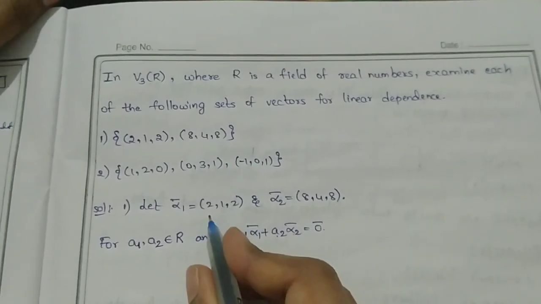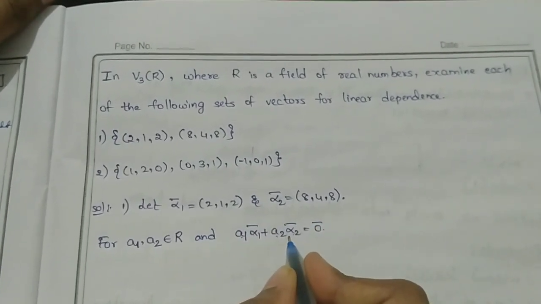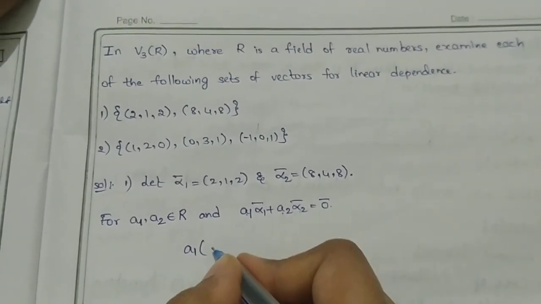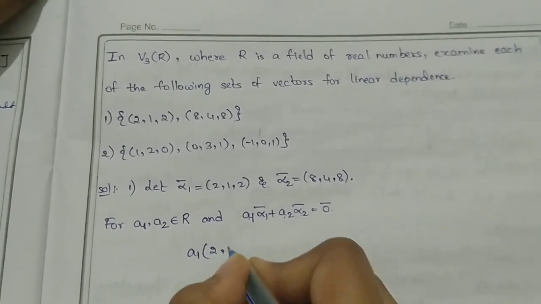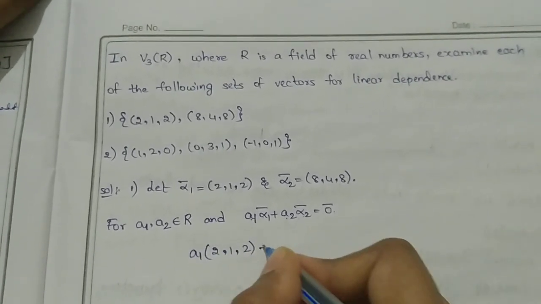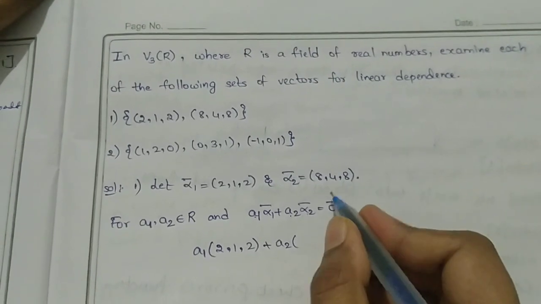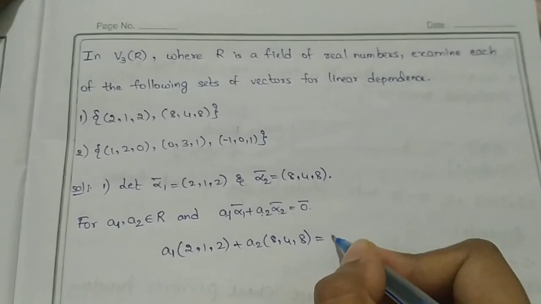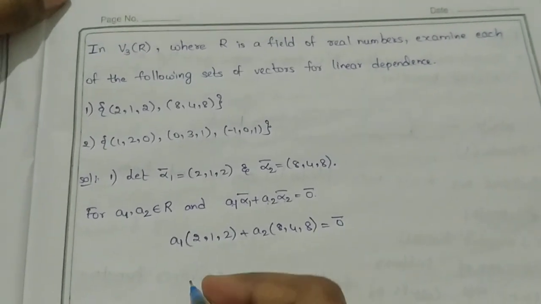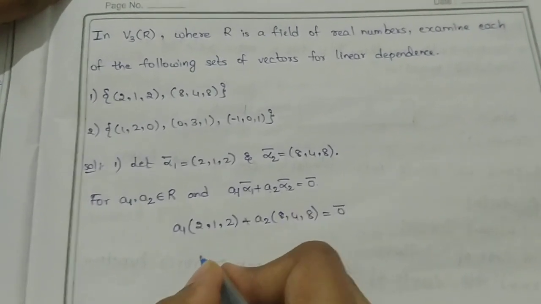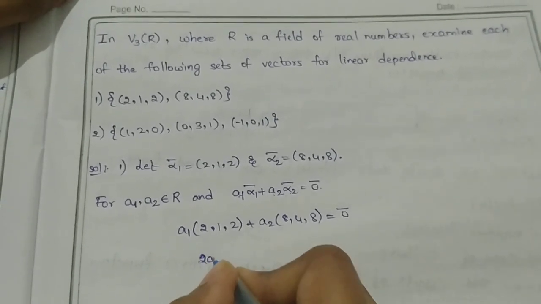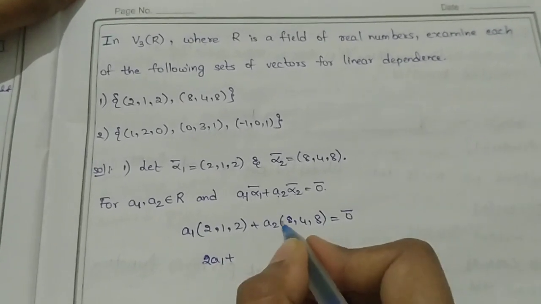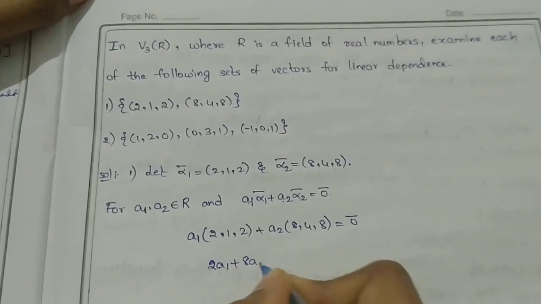Let us substitute these vectors in place of alpha 1 bar and alpha 2 bar in the linear combination. a1 into, what is alpha 1 bar? 2 comma 1 comma 2, plus a2 into alpha 2 bar, which is 8, 4, 8, equals 0 bar. Let us write it in coordinate form. The first coordinate is 2 into a1, 2a1, plus 8 into a2, 8a2.